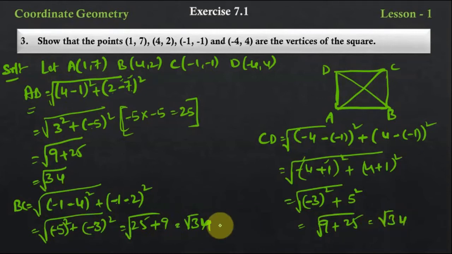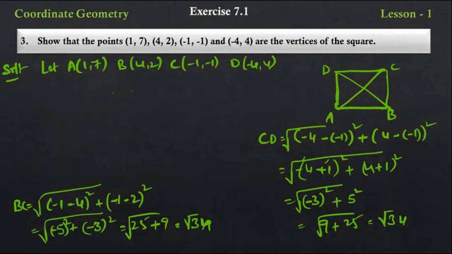Similarly we will find the last one, AD. This distance we will find now. So AD is equal to, same, here x2 is minus 4 minus x1 is 1, whole square, plus y2 is how much? 4 minus y1 is 7, whole square. Okay, under root.